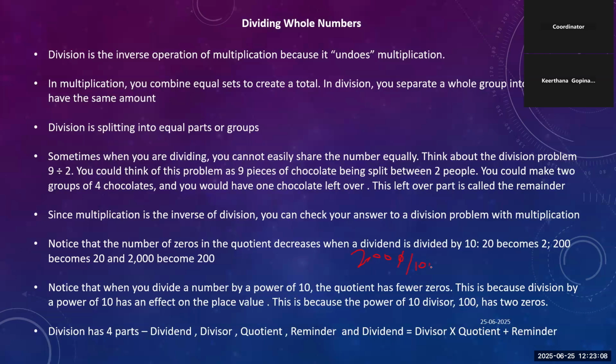Now, if it is divided by 100, what happens? Cancel the two zeros, and we will get 20. But the concept here is 100. I'm just explaining the concept. What you said is right. 100 is equal to 10 square.